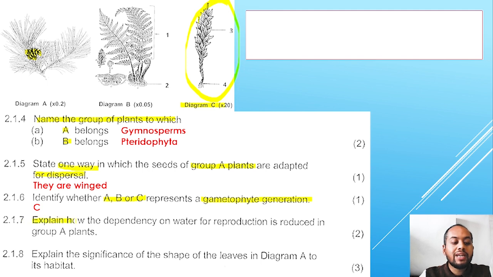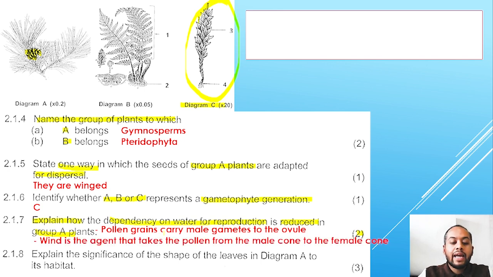2.1.7 explain how the dependency on water for reproduction is reduced in group A plants for 2 marks. In group A, how is the dependency on water for reproduction reduced? So firstly and most importantly, the pollen grains carry male gametes to the ovule, and wind is going to be the agent that takes the pollen from the male cone to the female cone.